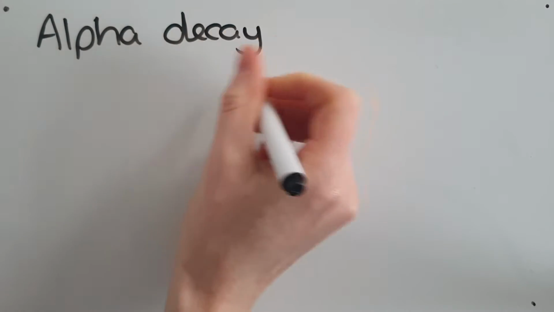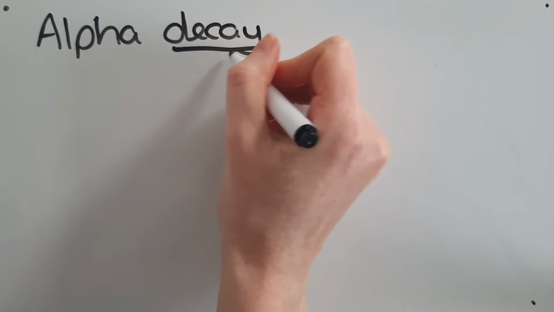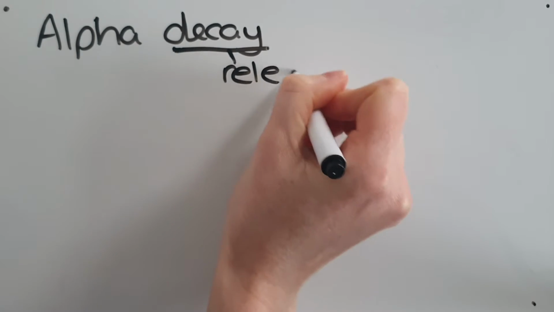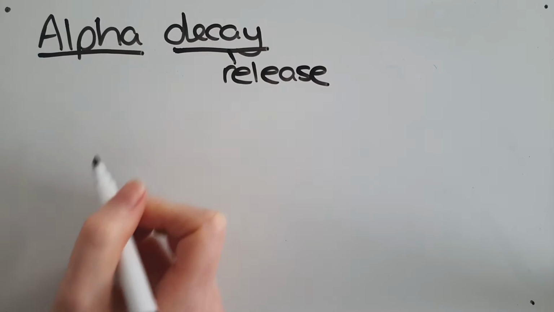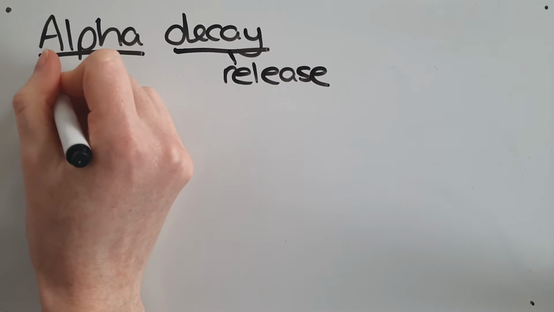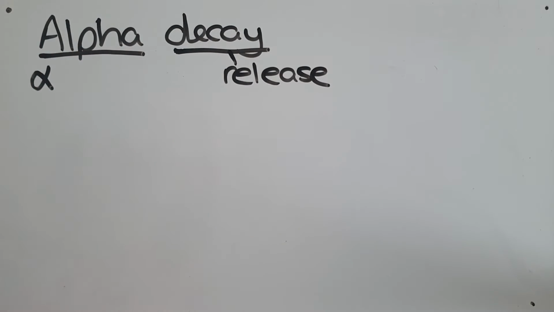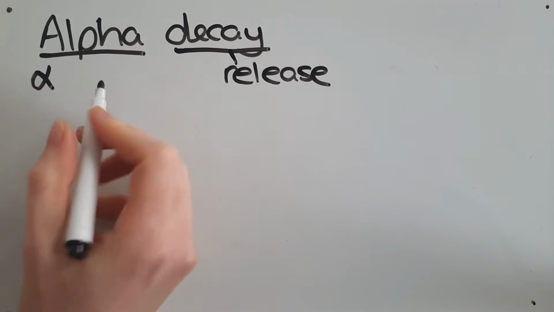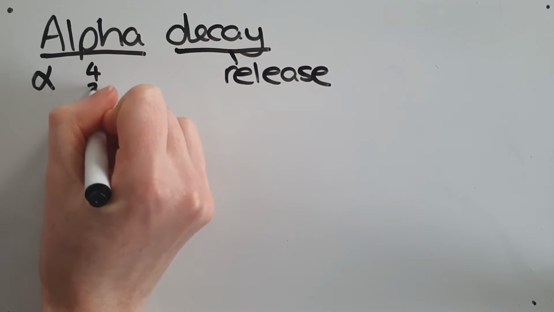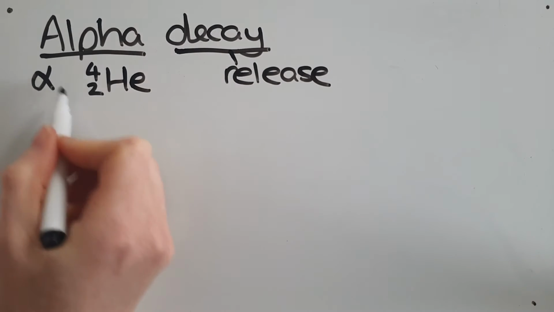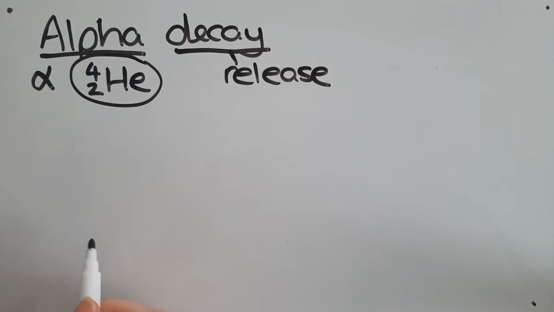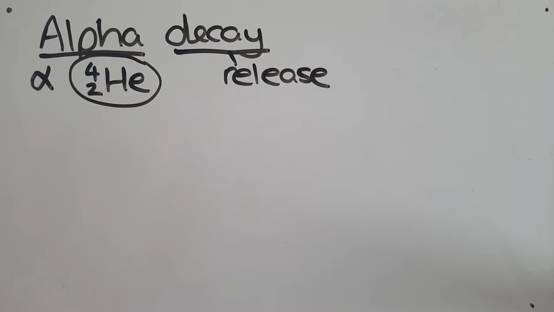Now, decay means it will release something. Alpha, you should know from the previous section, is one of the types of radiation. You may have seen this symbol before, but it's also written as a helium atom, 4 2 He. This part is going to be important for the alpha decay nuclear equations.